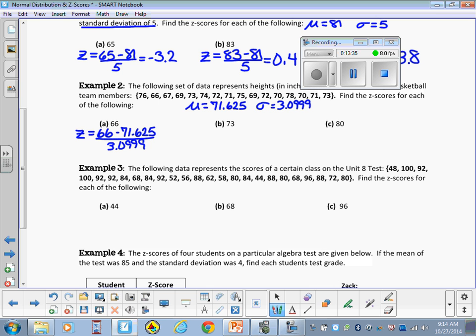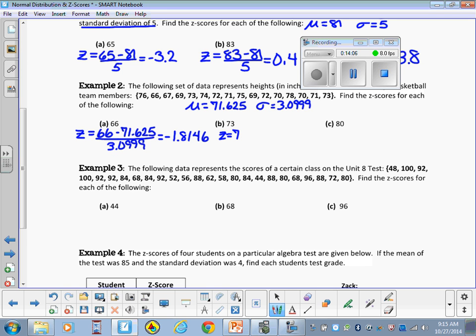And I'm just going to pick up my handheld calculator for this one. 66 minus 71.625, enter, divided by 3.0999, enter, negative 1.8146. So he's more than 1 standard deviation below the mean. He's pretty short compared to the rest of the kids on the team.